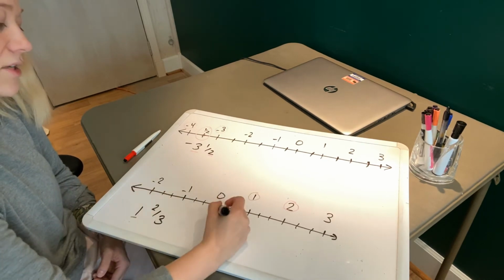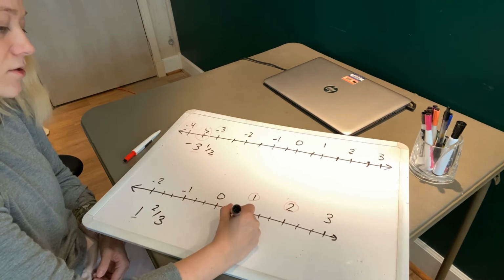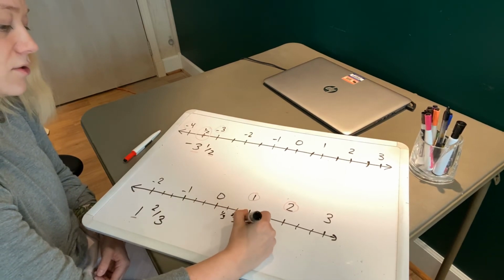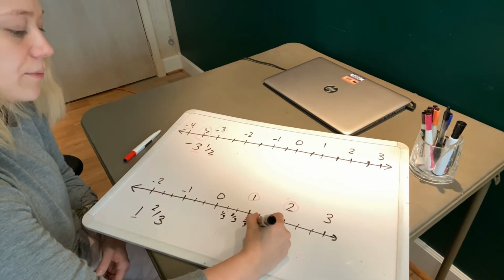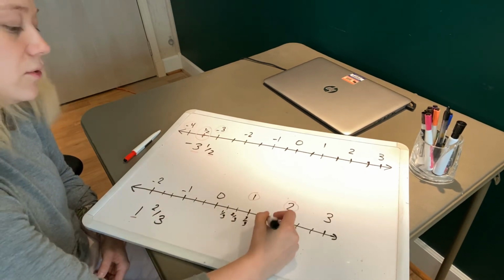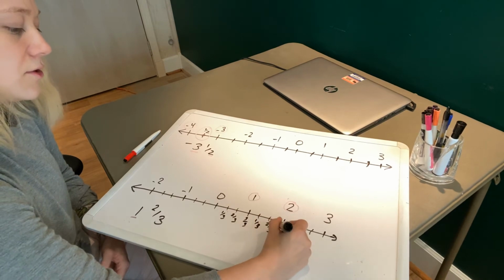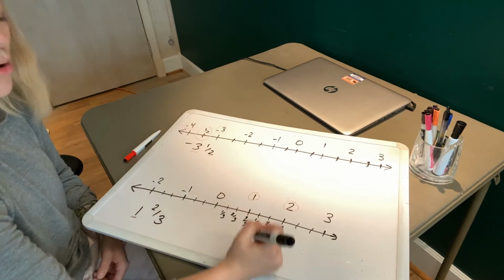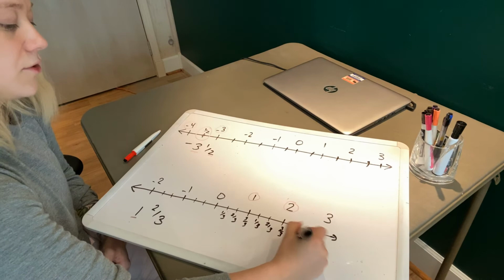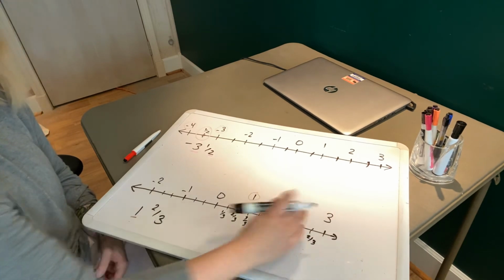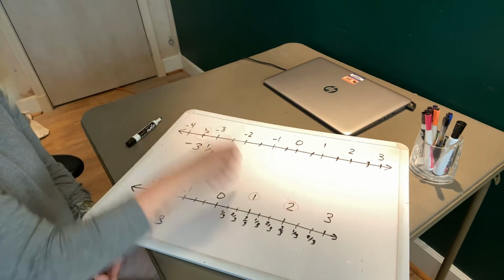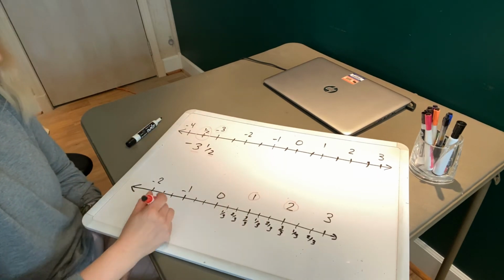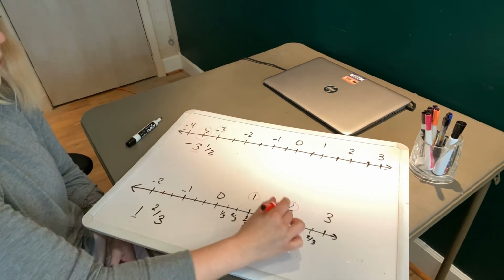Starting at 0, this would be 1/3, 2/3, 3/3, or that 1 whole. And you could keep going up: 1/3, 2/3, 3/3, or 2 wholes, and so on. But because we're not working between those numbers, we don't need to finish that out. We know we're working between 1 and 2, that's our whole number, so we need to find 2/3 between that 1 and 2.